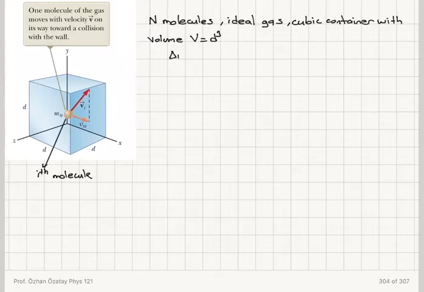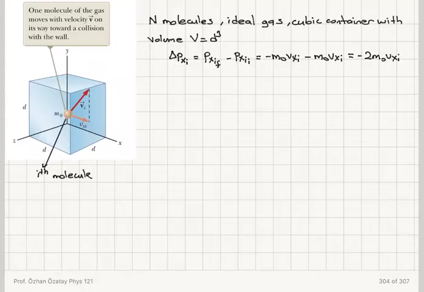Delta p_xi will be p_xi final minus p_xi initial. So this will be minus m0 v_xi minus m0 v_xi, so total minus 2 m0 v_xi.